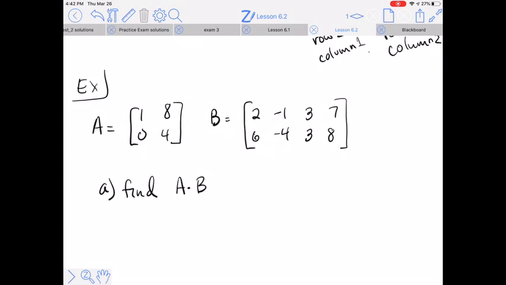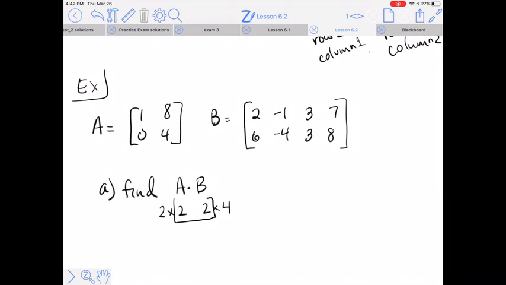So I have another one here. A times B. So let's just double check. A is a 2 by 2. And B is 2 rows and 4 columns, so I'm going to call that a 2 by 4.